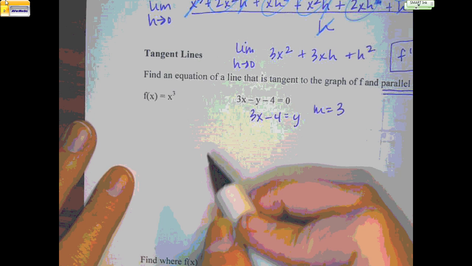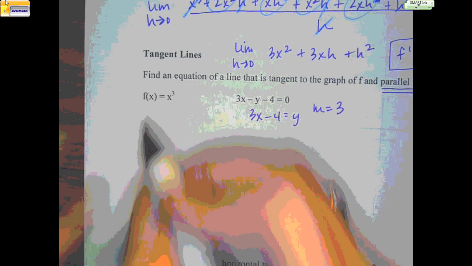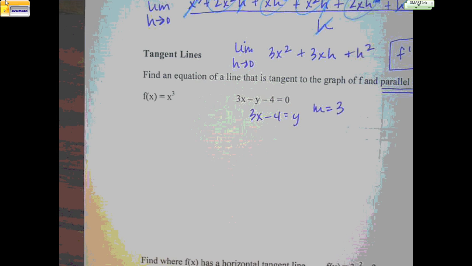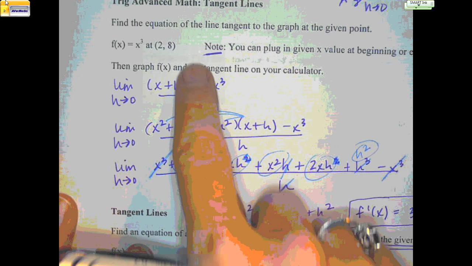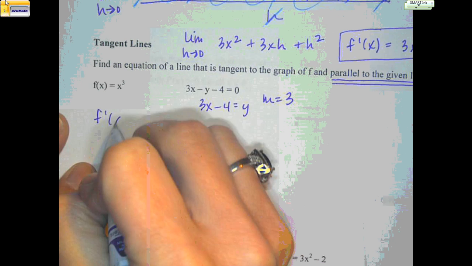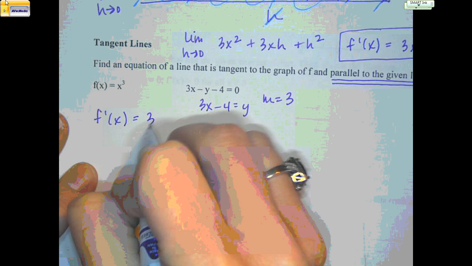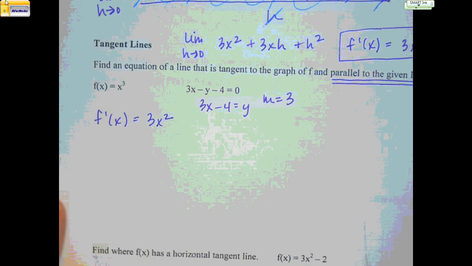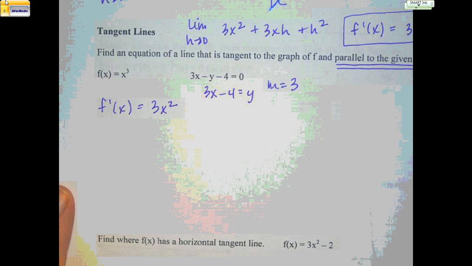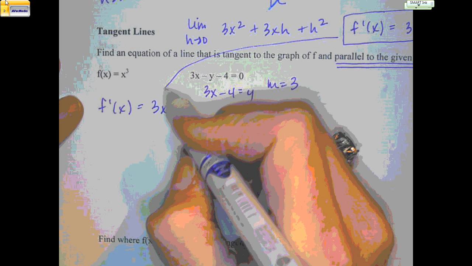So first thing we got to do is find the derivative of this guy to find that formula for slope. Now we can cheat a little bit because we just did it right here. So let's save ourselves some time. We know that f prime of x is going to turn out to be 3x squared. I'm going to save us some time and just put that. And I'm going to draw a little arrow so when I get home tonight, I'll know where that came from.